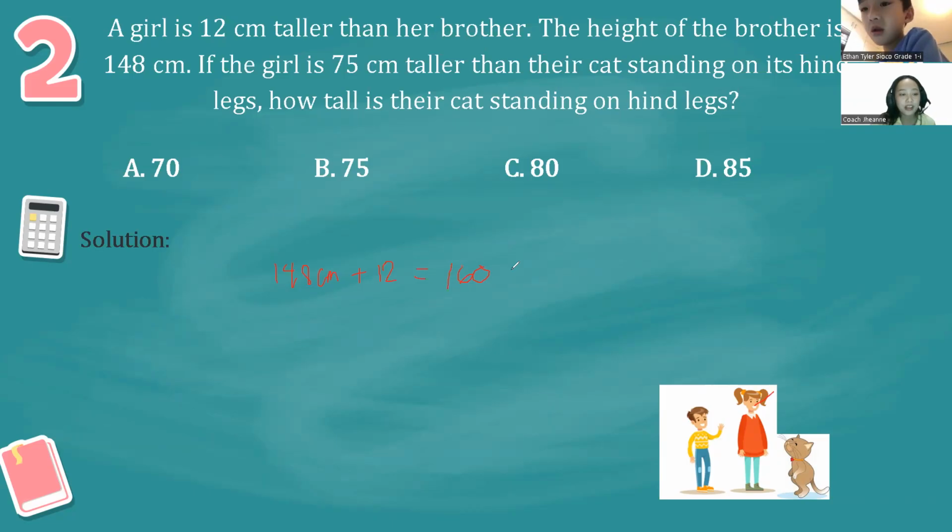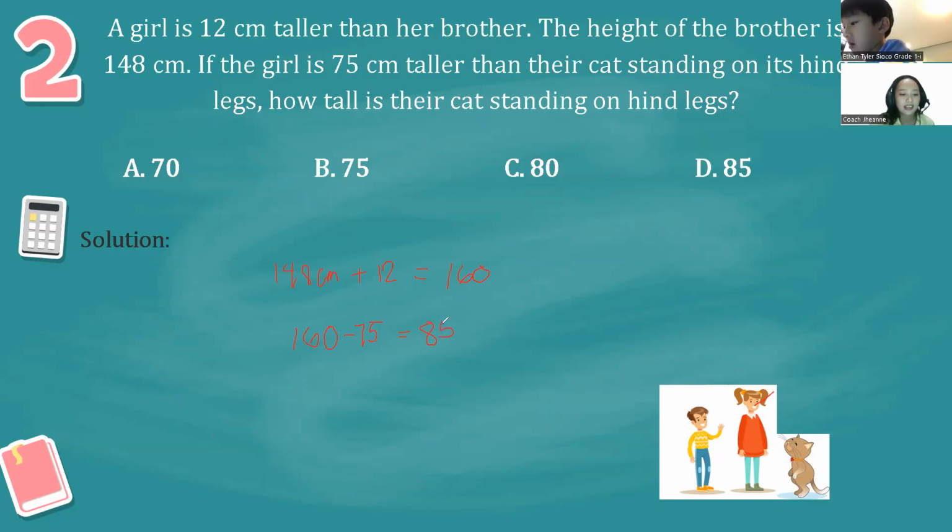Now, the question is, how tall is their cat standing on hind legs if the girl is 75 centimeters taller than their cat? So what we have to do is to simply subtract 75 centimeters from the height of the girl, and that would be equal to how much? 85.